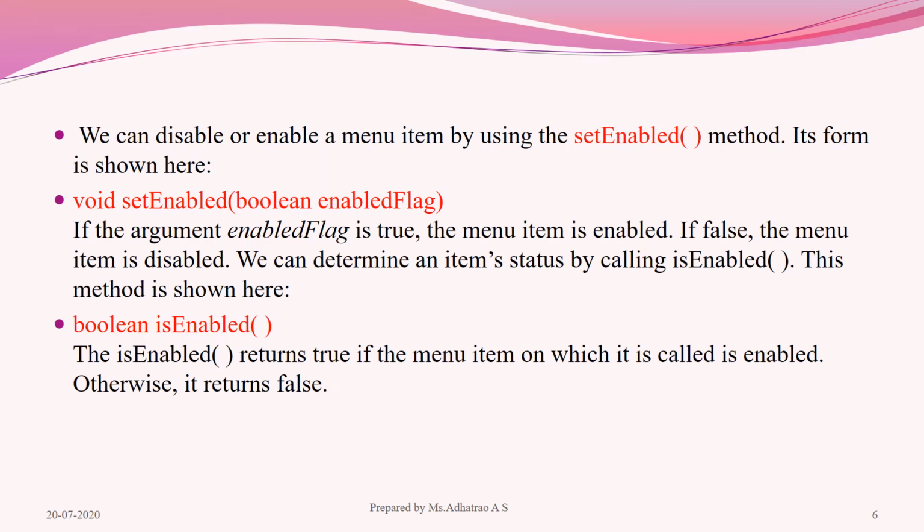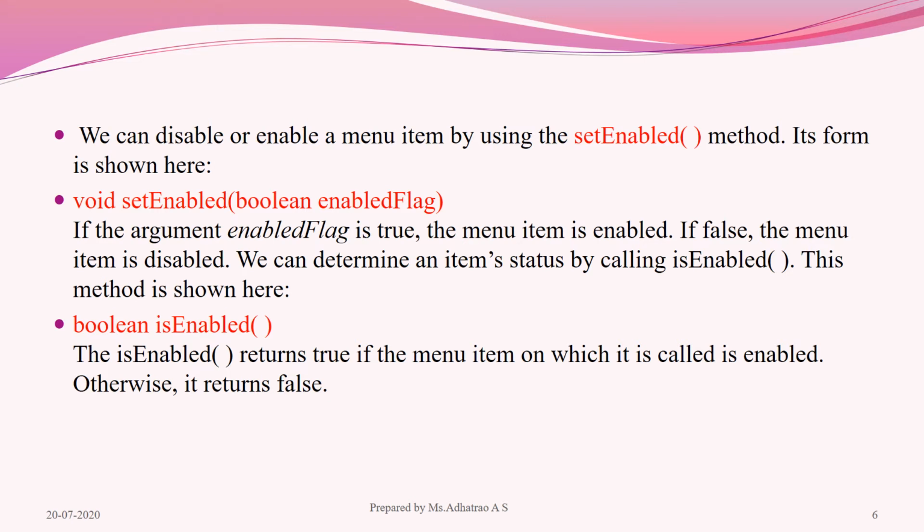We can disable or enable a menu item by using the setEnabled method. Its form is shown here: void setEnabled(boolean enabledFlag). If the argument enabledFlag is true, the menu item is enabled. If false, the menu item is disabled.